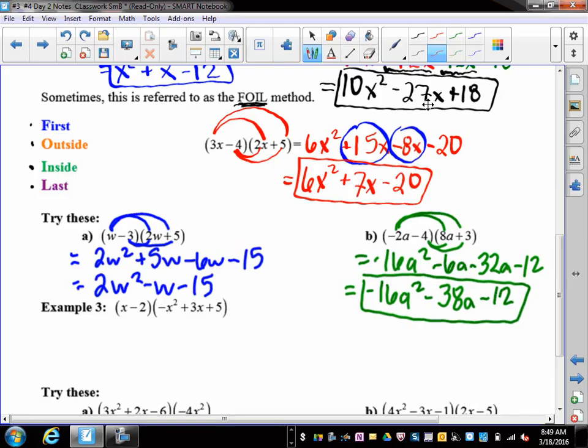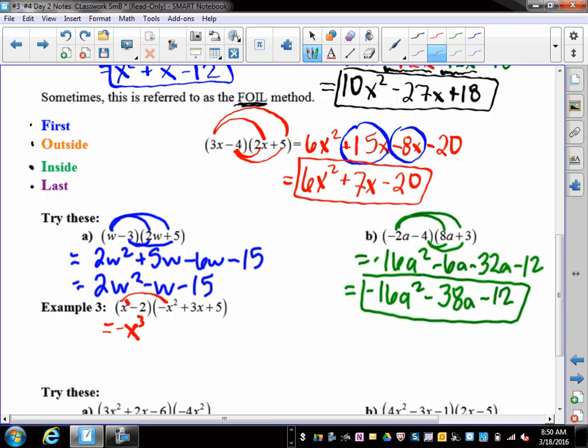All right, let's first distribute my first term. x times negative x squared. Negative x to the what? To the third. x times x squared is x cubed. We should all be writing this down.